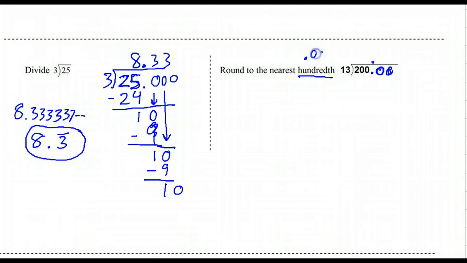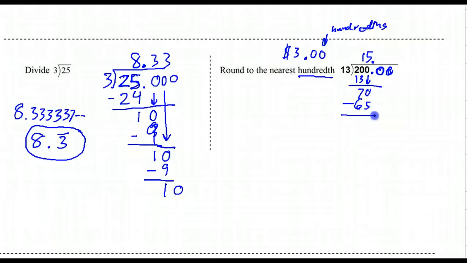When you're talking about money, if you have $3, your cents is the hundredths place. So that's why we would round to the nearest hundredths. Okay, so 13 into 20. 13 into 70. We know that was a 5 because it gives us 65. It's right above. 13 into 50. Well, let's guess on that.